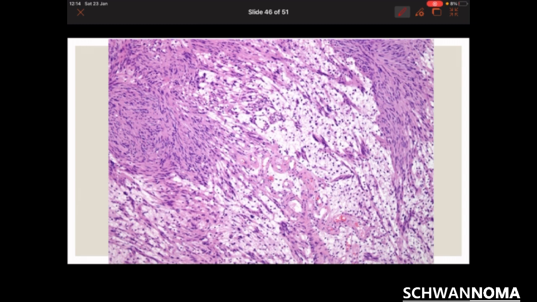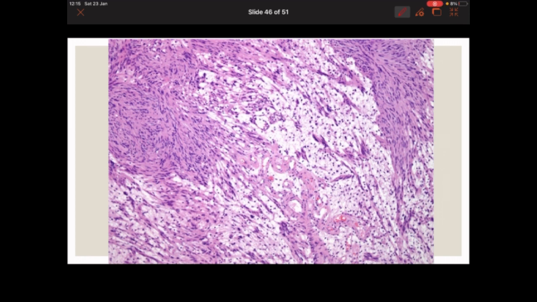It rarely occurs intracranially, but again there are cases of intracranial schwannoma. It usually occurs outside the central nervous system, with the peripheral nerves in the skin and subcutaneous tissue most commonly affected. 85% of nervous system schwannomas occur in the cerebellopontine angle and spinal nerve root.